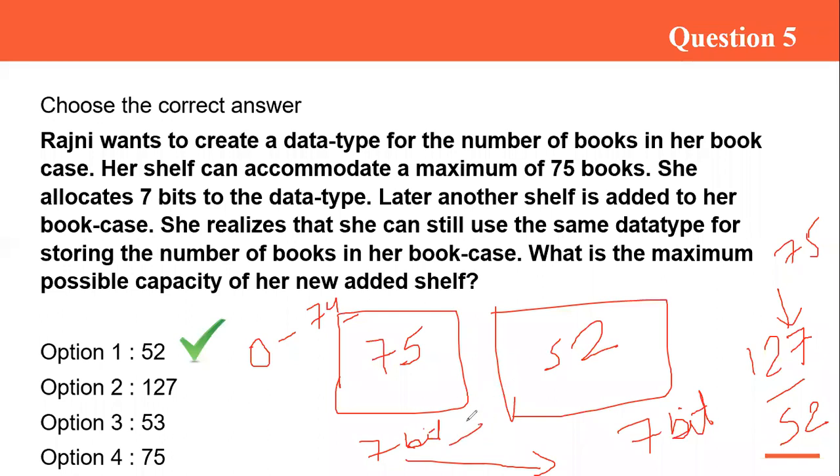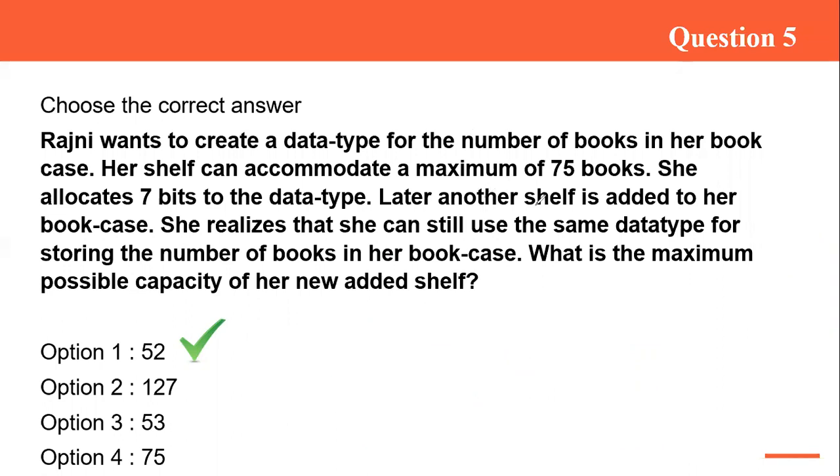They are not asking the generalized capacity of the shelf. They're asking with the 7-bit number, how many books she can store in the second shelf. 52 books, which is nothing but 127 minus 75. Understood? Someone who asked me to repeat this, I hope now it's more clear. Hope that person is in the meeting.